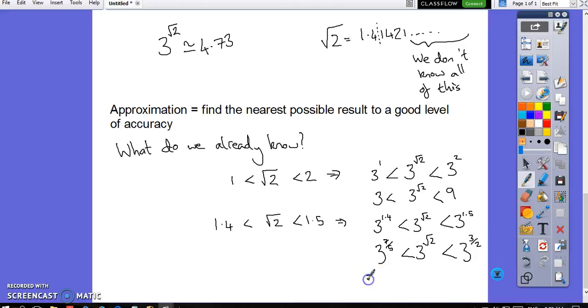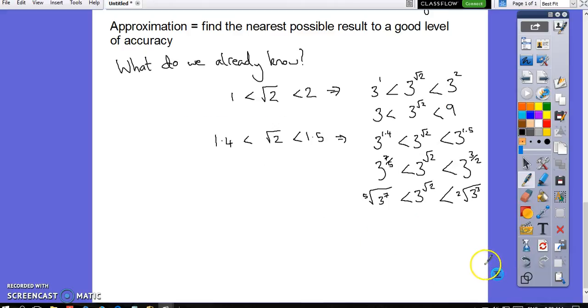So it's between the 5th root of 3 to the 7 and the square root of 3 cubed. I keep getting these the other way around today. Always the number on the top is the power that you're raising it to under the root sign. Clearly I've forgotten this.